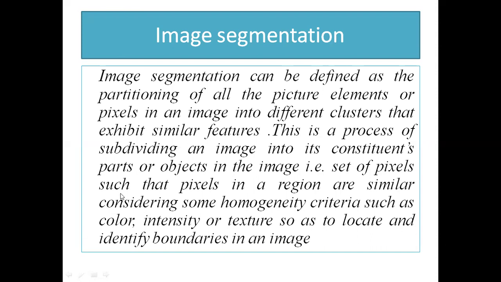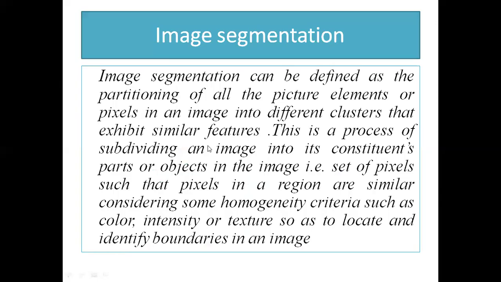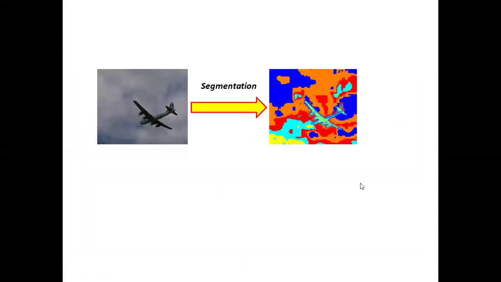If we consider color, then clearly this particular river possesses a different color, right? Similarly, in this image, from the snake we can have a different identification of color. So color can be one such feature. Similarly, we can use texture, or intensity values. These are some homogeneity criteria based on which we can go for image segmentation.